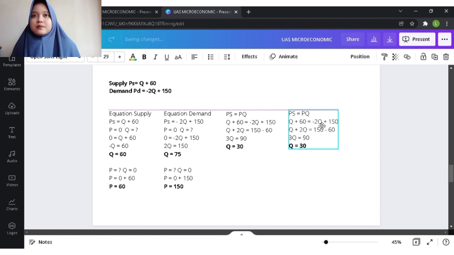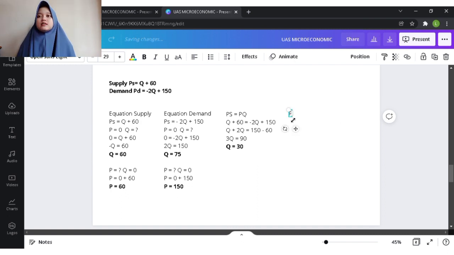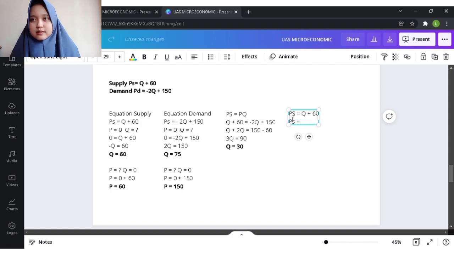In this case, PS equal to K plus 60. Then we insert K equal to 30 into the equation, so 30 plus 60, and we get PS equal to 90.